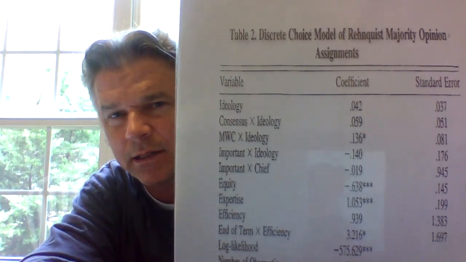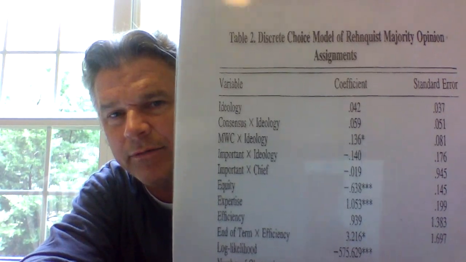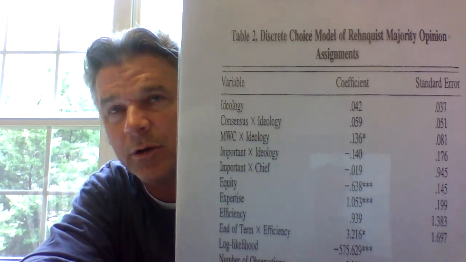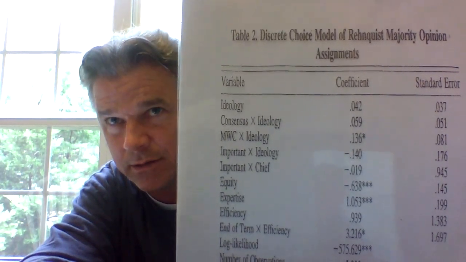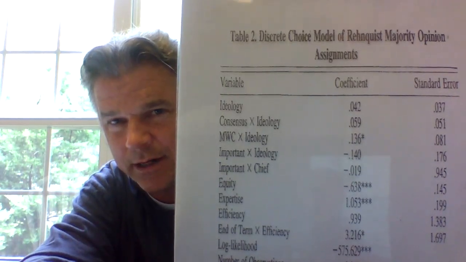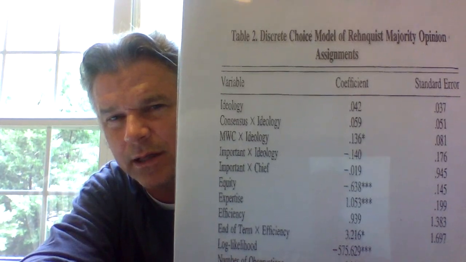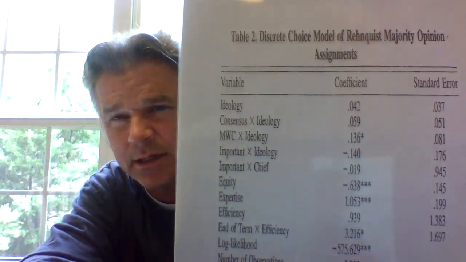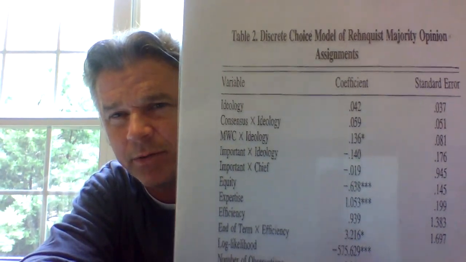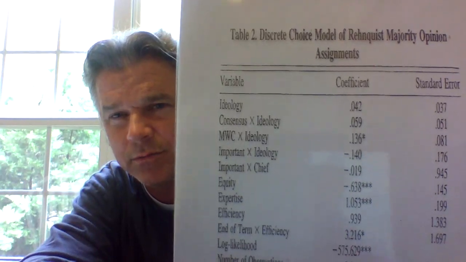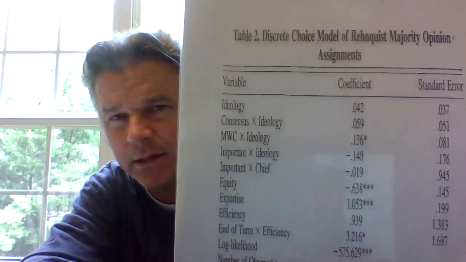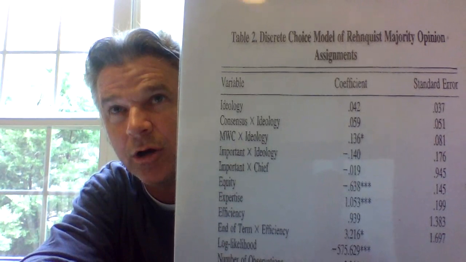None. Exactly. Then they have one variable times another. What's that called? An interaction term, or an interaction variable. So there was consensus times ideology. What effect does that have on the probability that he will assign you the majority opinion? None. Minimum winning coalition.